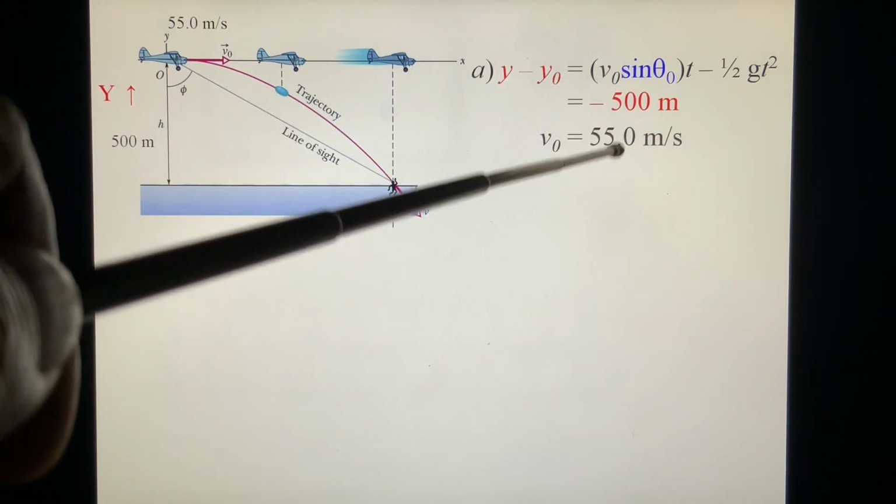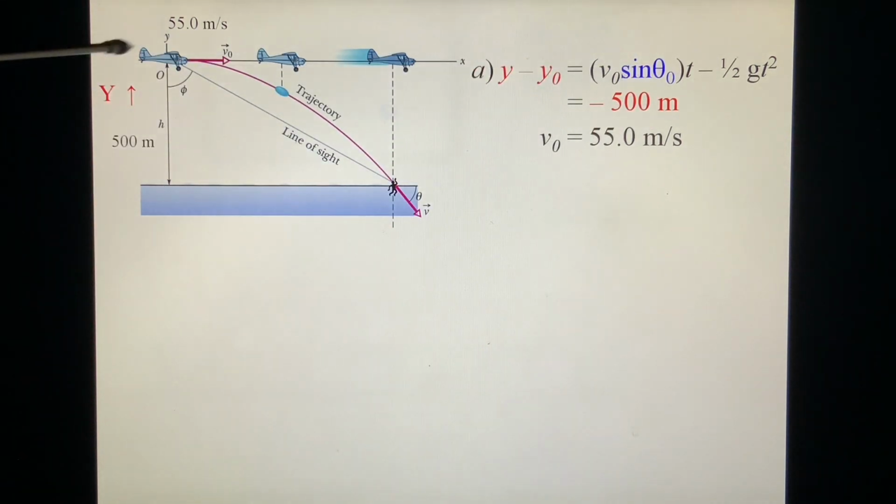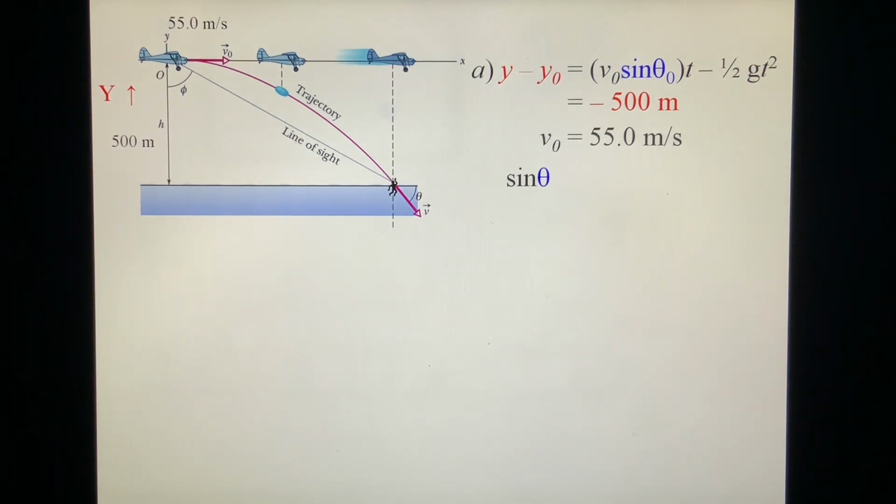V0 we know is 55.0 meters per second. Theta 0 is 0 because it is horizontal. So in this case, I can find t. T is about 10.1 seconds.